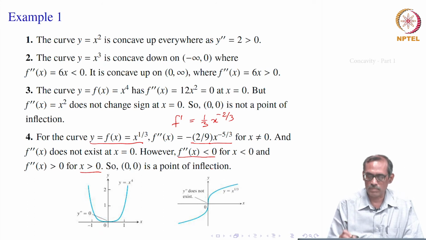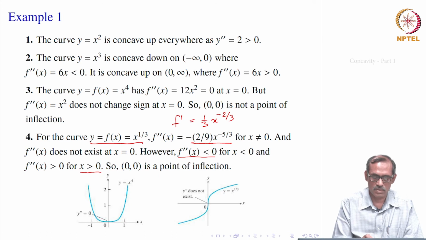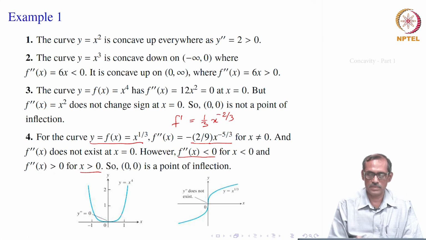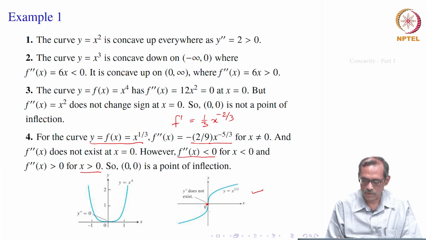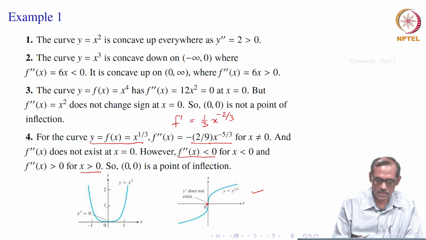So, 0, 0 is a point of inflection, and from minus infinity to 0, f double prime is less than 0, so it is concave down, and it is bigger than 0 for 0 to infinity, so there it is concave up, and 0, 0 is a point of inflection. You can look at the graph, how does it look? This is x to the power 1 by 3. So, at 0 there is a point of inflection, concavity changes, it is concave down and concave up as you see. And here what happens?